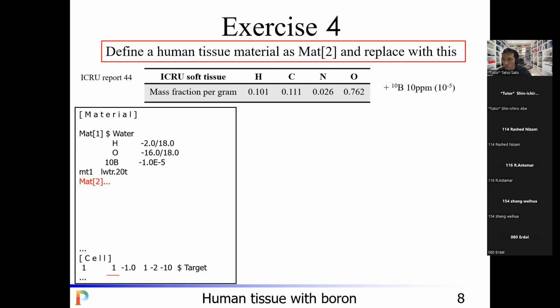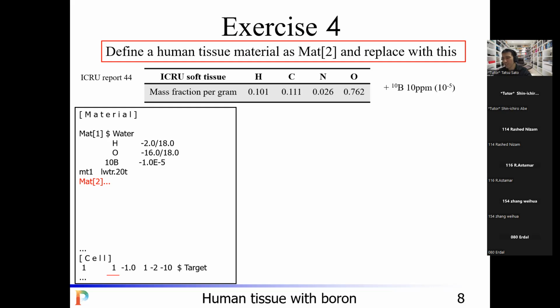So is everyone still working or finished? If you finish, please press the yes button. Tatsuko-san, yes, now it is okay. So I also did this exercise and I met some strange result.